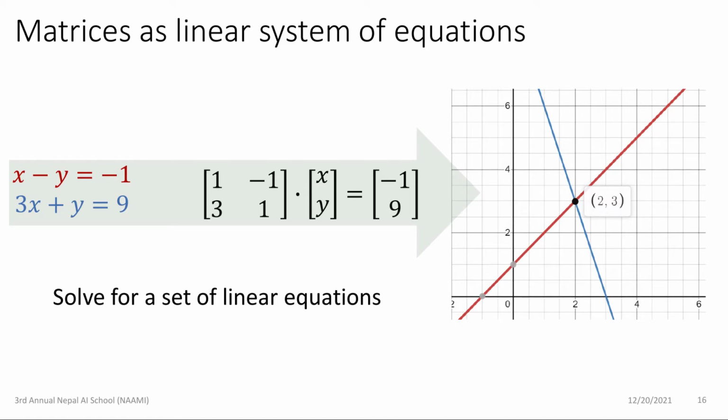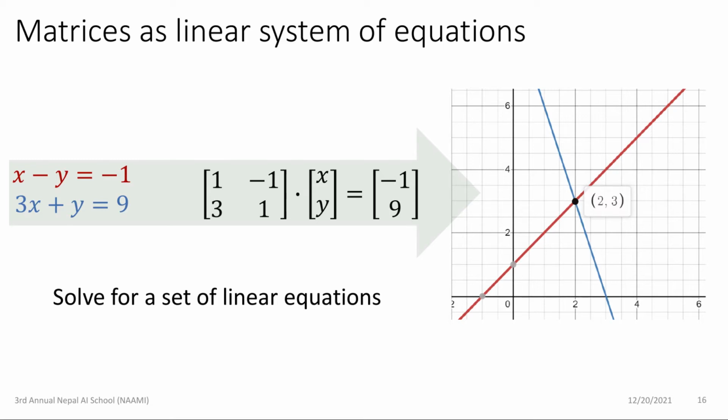If you follow the rules of matrix multiplication, which we'll go into later, x minus y equals -1, and so on. So basically, find the vector x, y that, when transformed by this matrix, gives you the vector -1, 9. And this corresponds, in the geometric interpretation, to the point that lies at the intersection of these two lines.